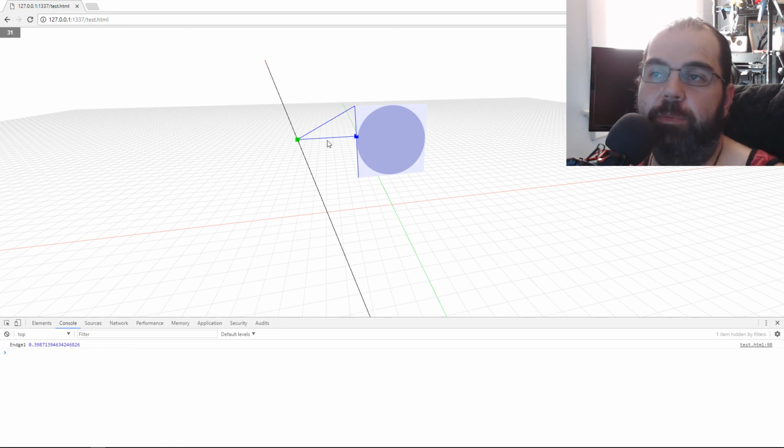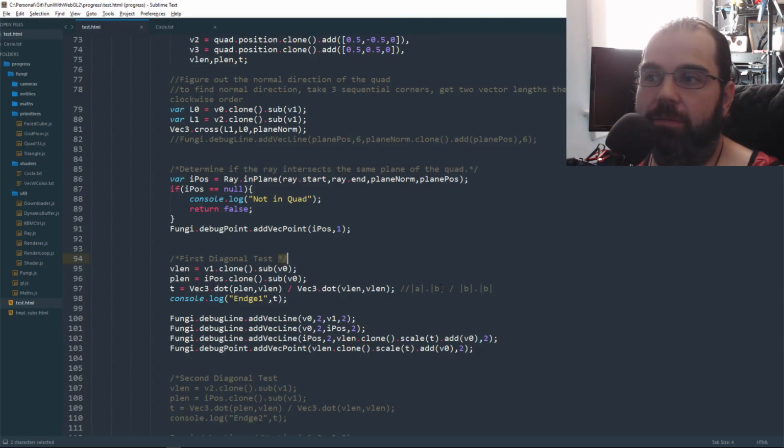I'm creating a perpendicular line. And you just do that by doing an equation of vector A: length of A dot length of B over length of B dot length of B. And pretty much, like I said, here's the equation. And those lines mean it's a vector length and not a vector.